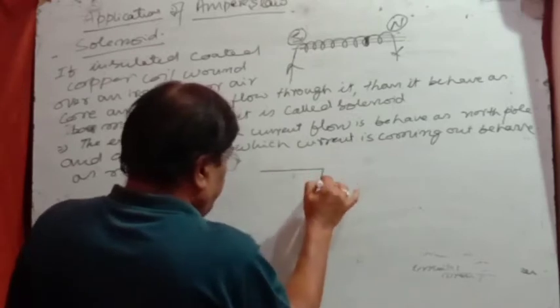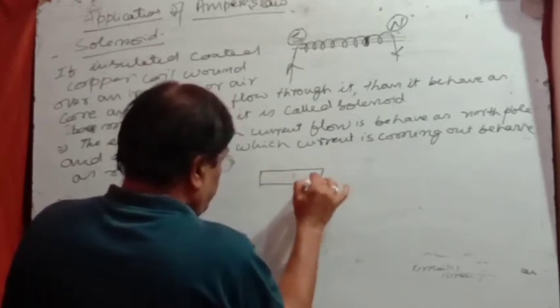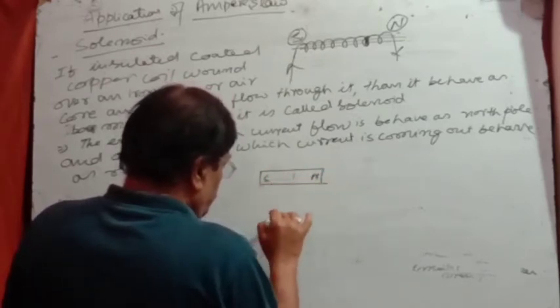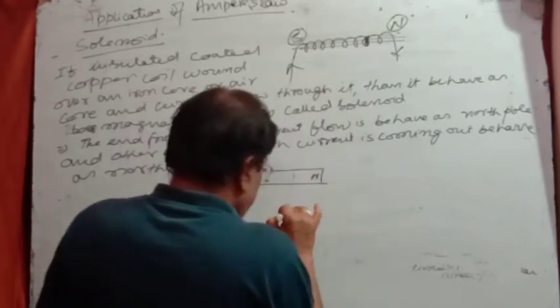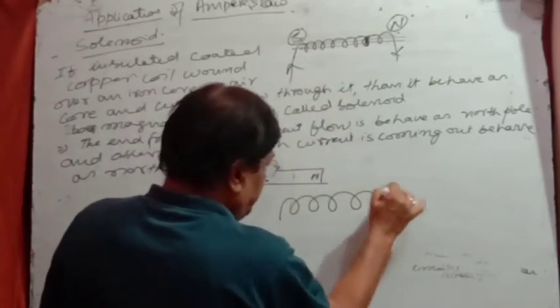It behaves as the bar magnet. Bar magnet ऐसा होता है, it is north and it is south, so it also behaves as a south to north.